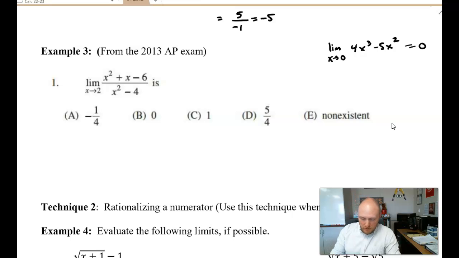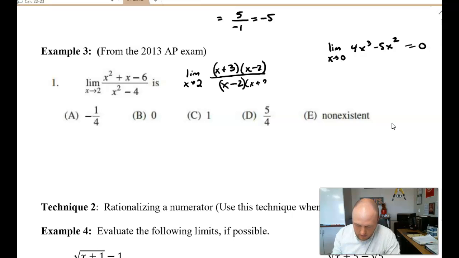All right, hopefully you went ahead and calculated the limit. And if you calculate the limit top and bottom, you get an indeterminate form. So ideally, hopefully what you did is you factored and reduced. So we have x plus 3, x minus 2, and in the denominator, x minus 2, x plus 2, with these two canceling.